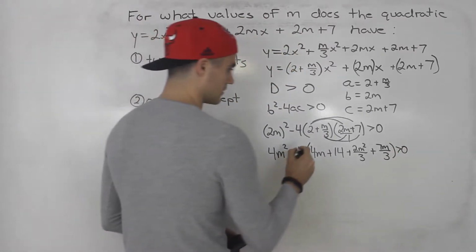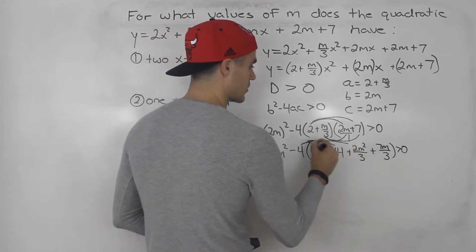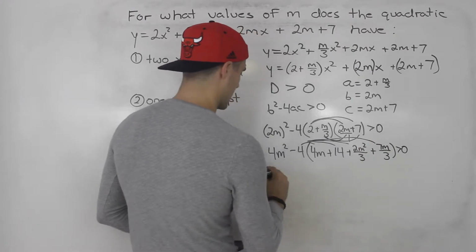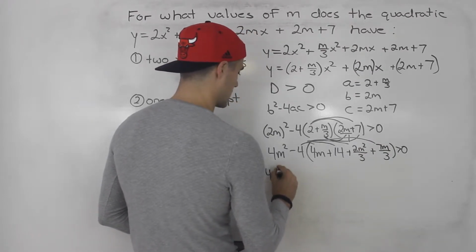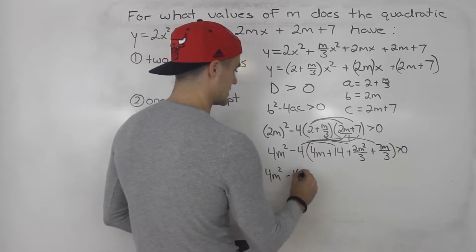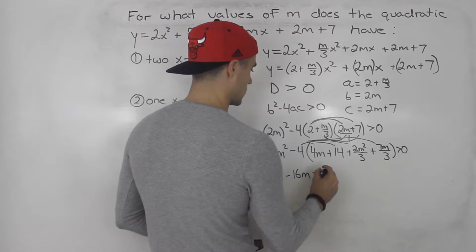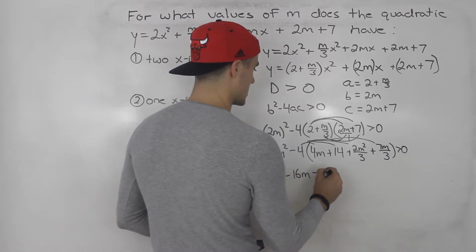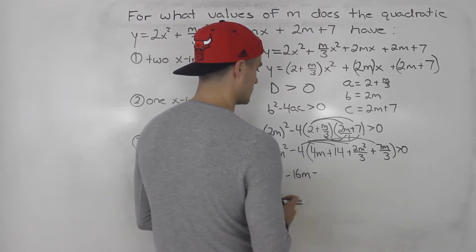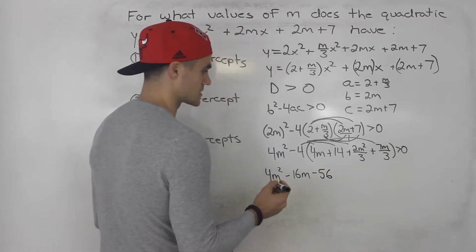And then from here, notice we can distribute this negative 4 inside the bracket. So we'd have 4m squared. You have to be careful with the algebra here. This would be minus 16m. This would be minus what? 56. 14 times 4 is 56.